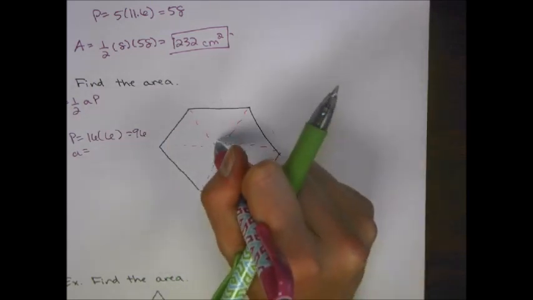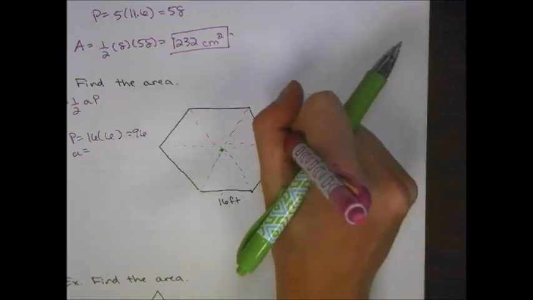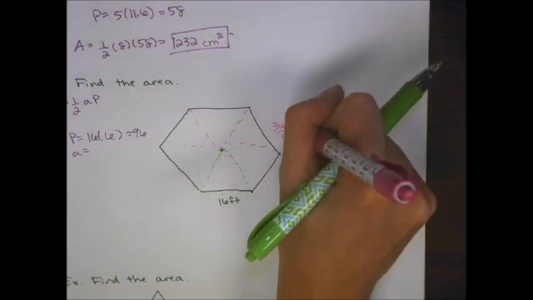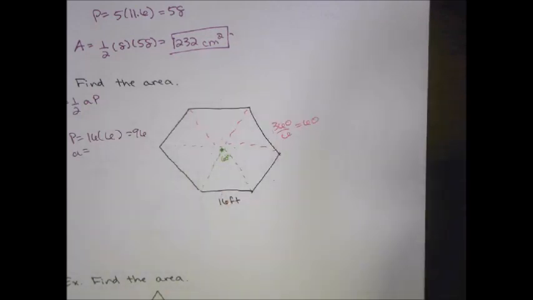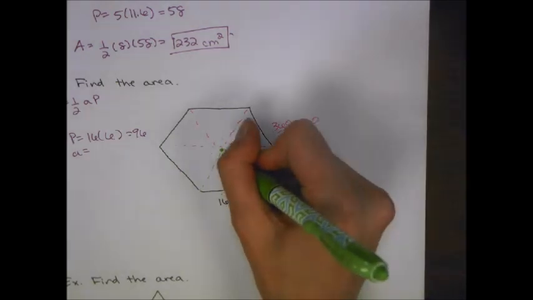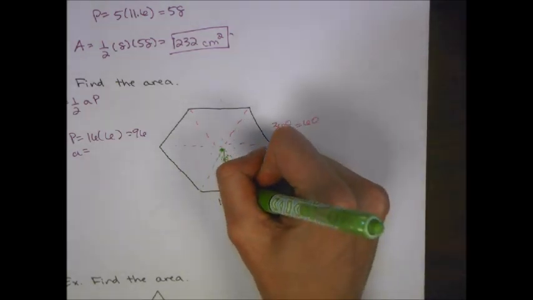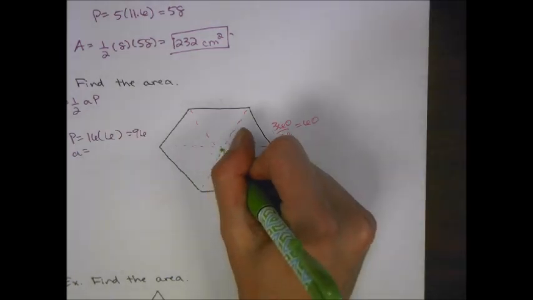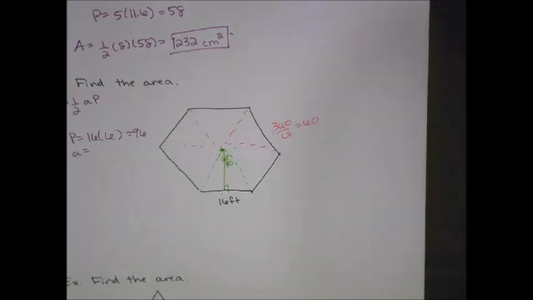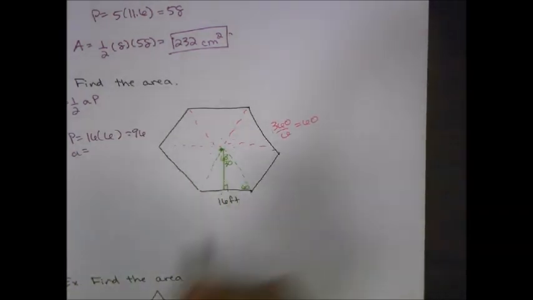So I have 1, 2, 3, 4, 5, 6 of them. So this angle is 60 degrees. But when I draw my apothem, it cuts it in half. So this is 30. And this angle is 60.